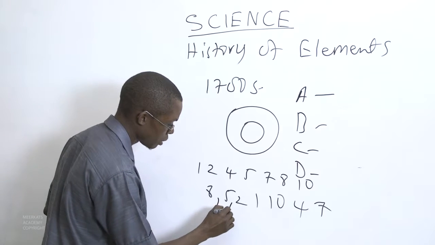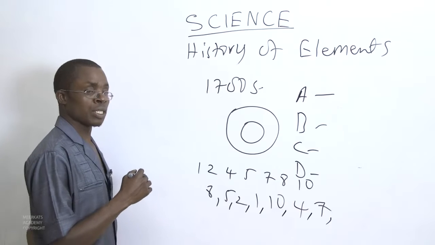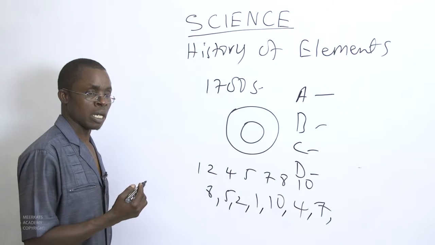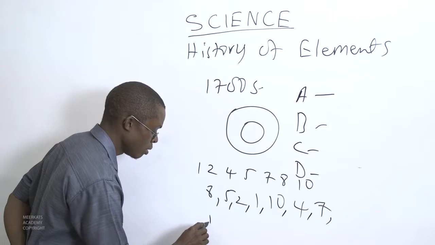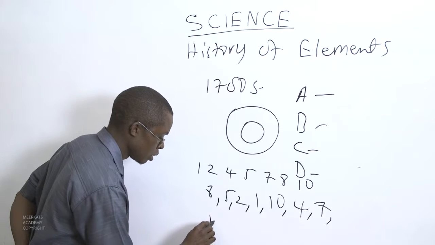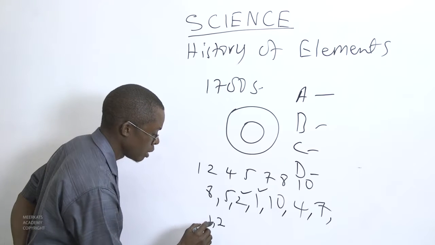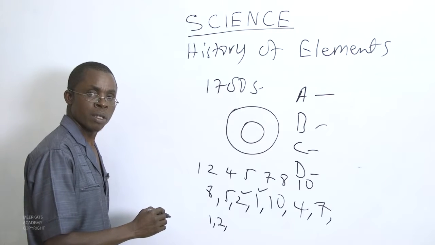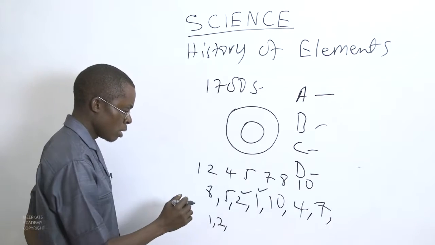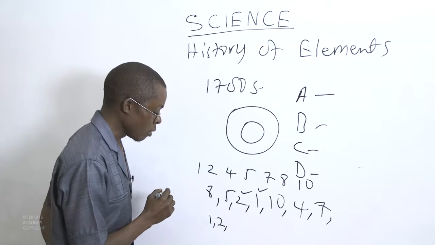If these are the numbers, and you are asked, can you arrange them in a systematic order, then you can do it as 1. So 1 is present, 2 is present. I expect to have a 3. In this one, I can look for 3 and I will never find it. So what are we seeing?